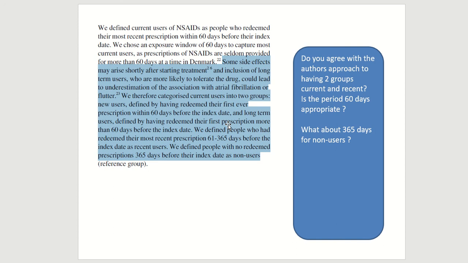So basically they are giving you definitions of the users, meaning the exposure, and they went into details. So we have non-users and we have the first ever prescription. Let me try to find the answer to that, which is right here.